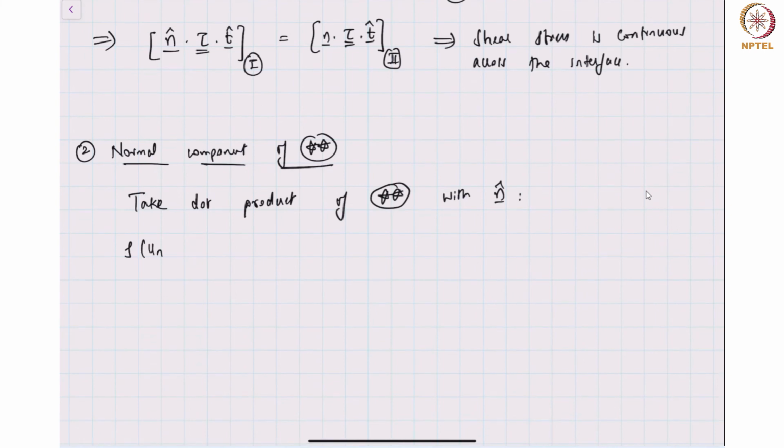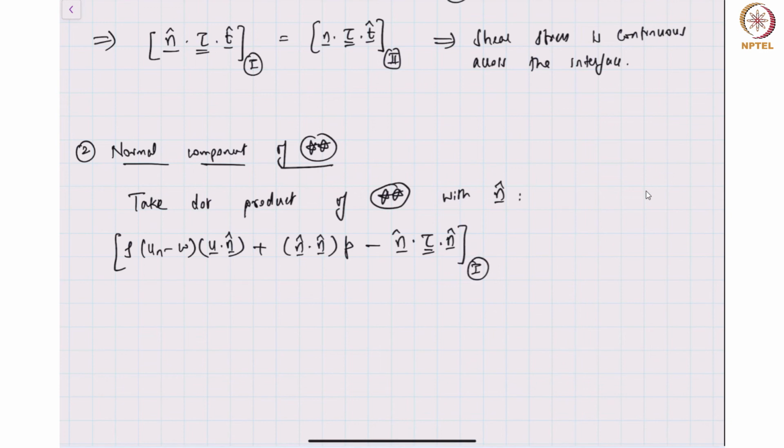Rho (un minus w) times u dot n, minus plus n dot n of p minus n dot tau dot n.